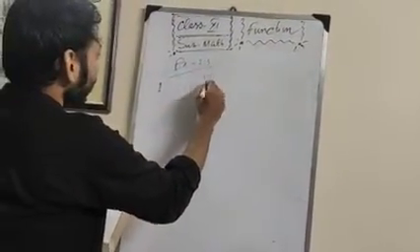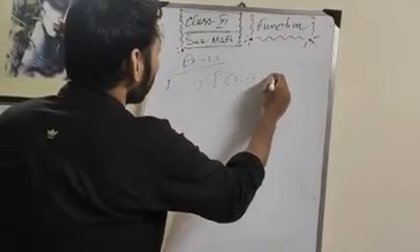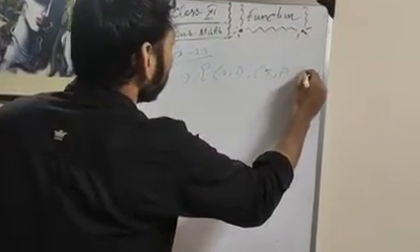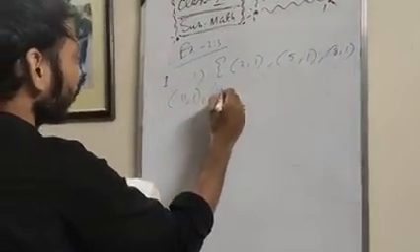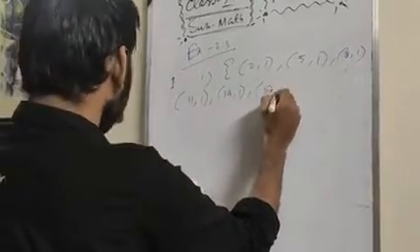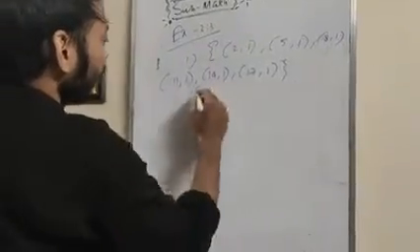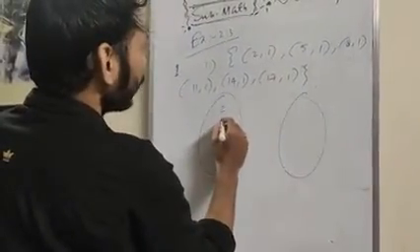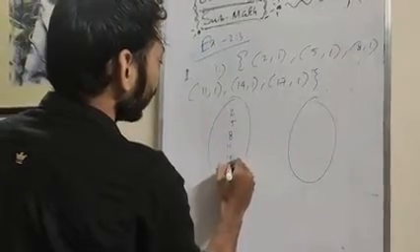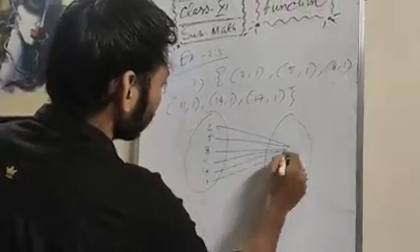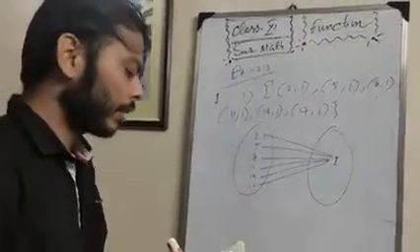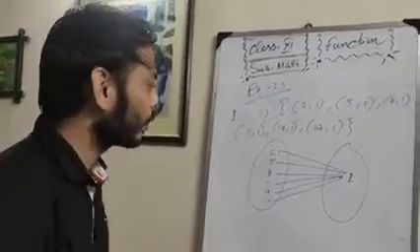So the first one is given as containing the ordered pairs (2, 1), (5, 1), (8, 1), (11, 1), (14, 1), (17, 1). That means all the elements 2, 5, 8, 11, 14, 17 go to 1. So yes, it is a function. Why?